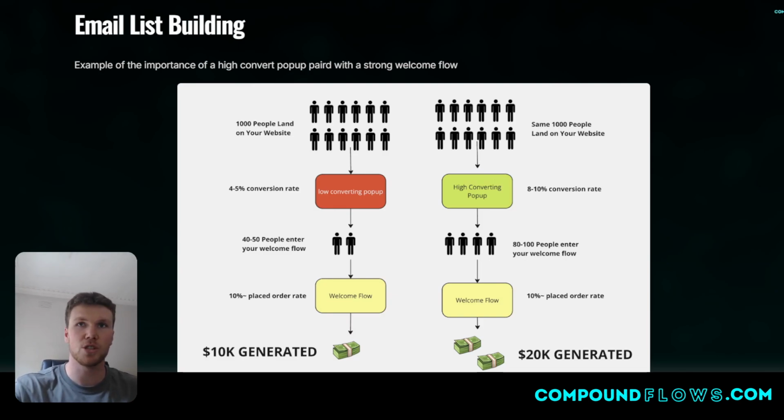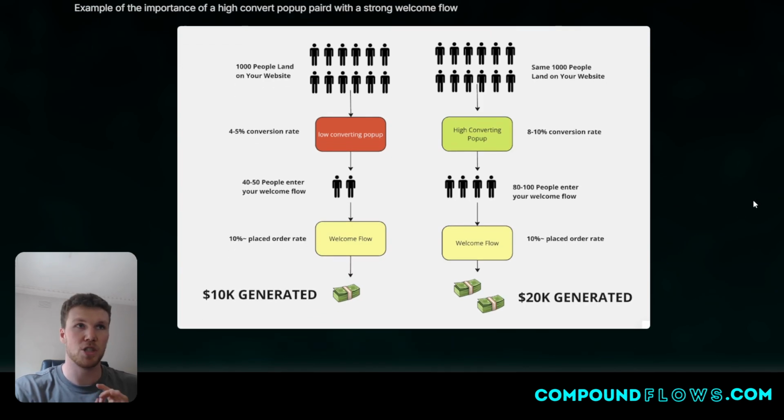And this diagram really just shows it off, especially with just the welcome flow. Let's just imagine you've got the exact same people landing on your website compared to a low converting pop-up compared to a high converting pop-up. With a high converting pop-up, if you A/B test it and really nail down a good welcome offer, you have double the amount of people joining your email list, therefore doubling the amount of people coming into your welcome flow.